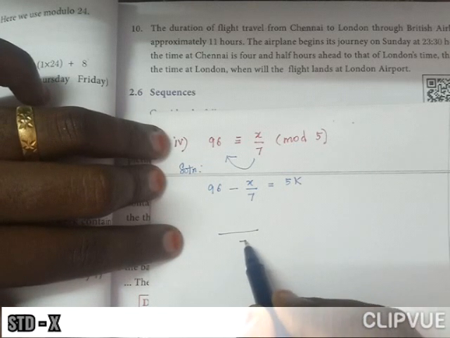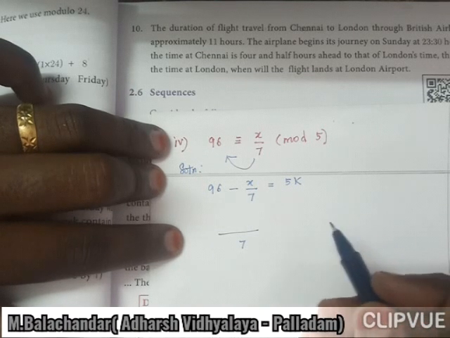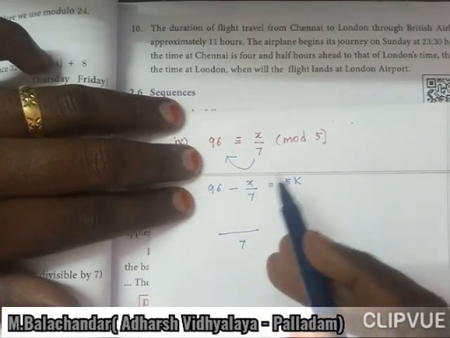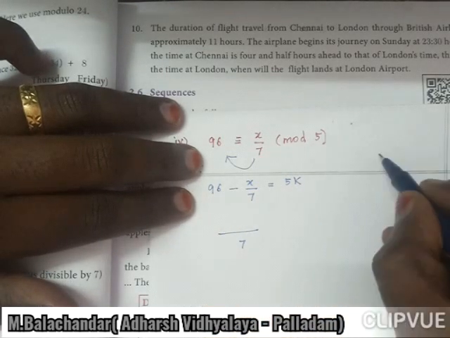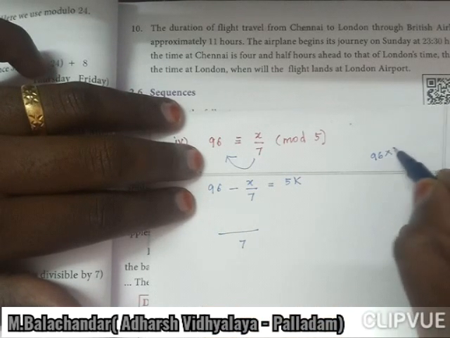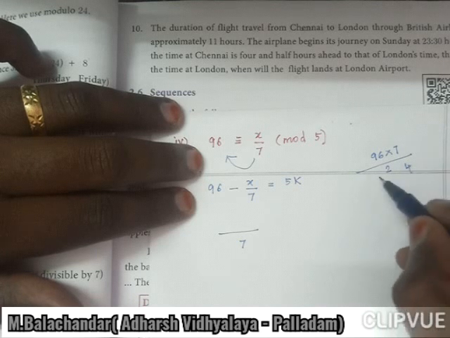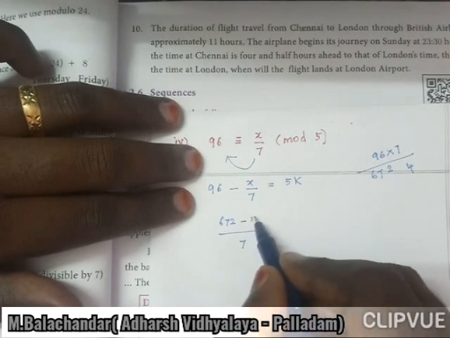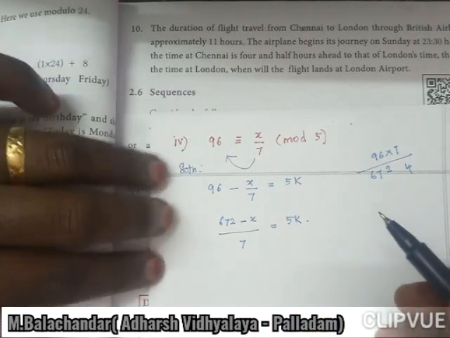If you take the LCM as 7, here we get 96 into 7. 7 6s are 42, remaining 4. 7 9s are 63, 67. So 672 minus x is equal to 5k.